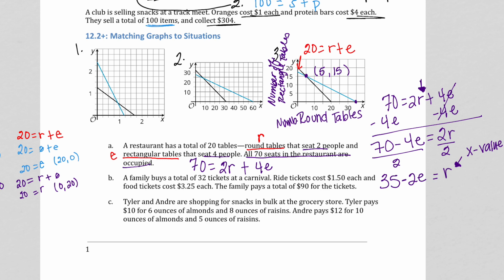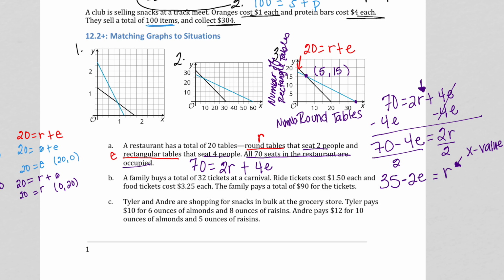B. Okay. A family buys a total of 32 tickets at a carnival. Ride tickets cost $150 each, and food tickets cost $325 each. The family pays a total of $90 for the tickets. So, what are our two variables here? What do we not know the quantity of?